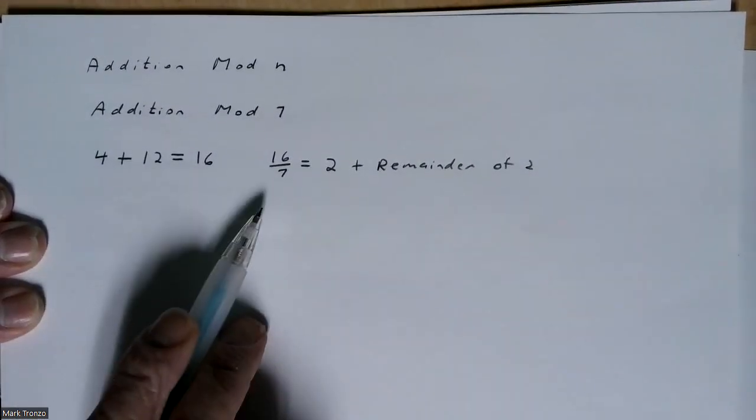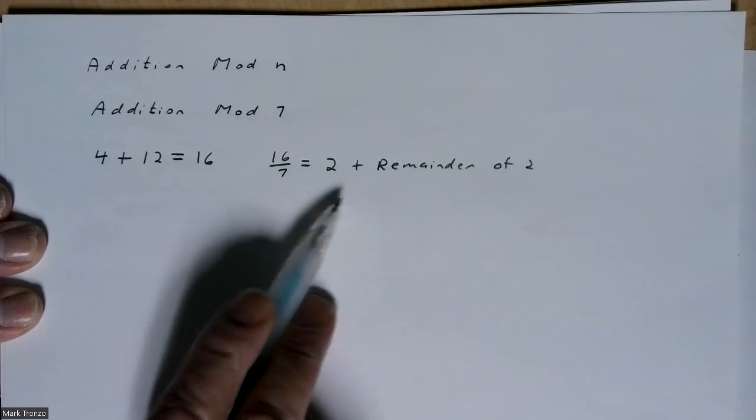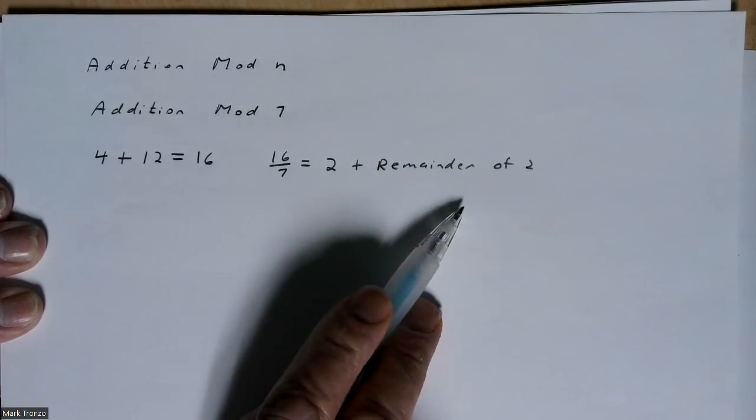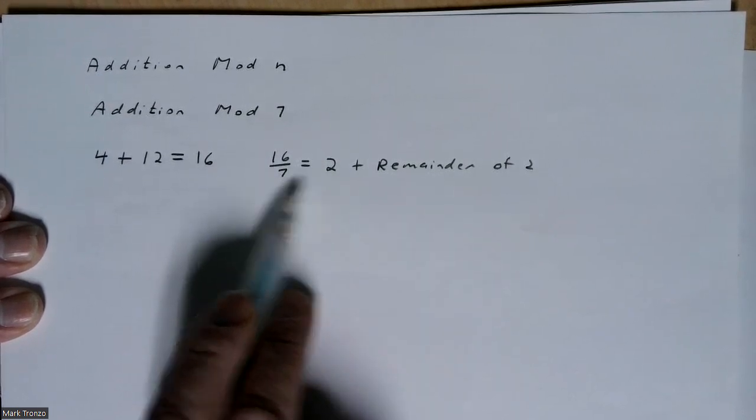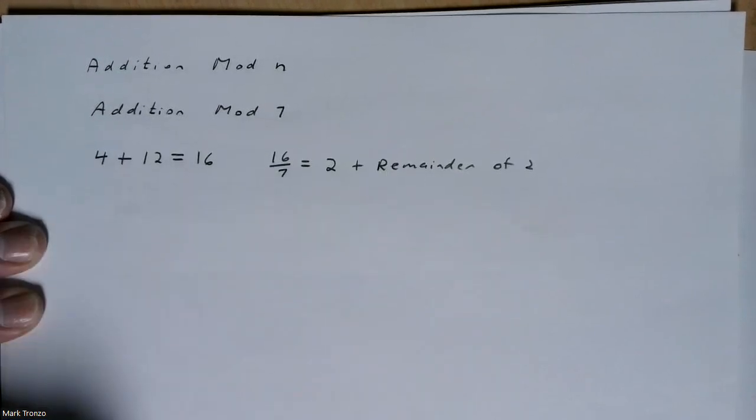Because if you divide it by 7, you get 2, and your remainder is 2.